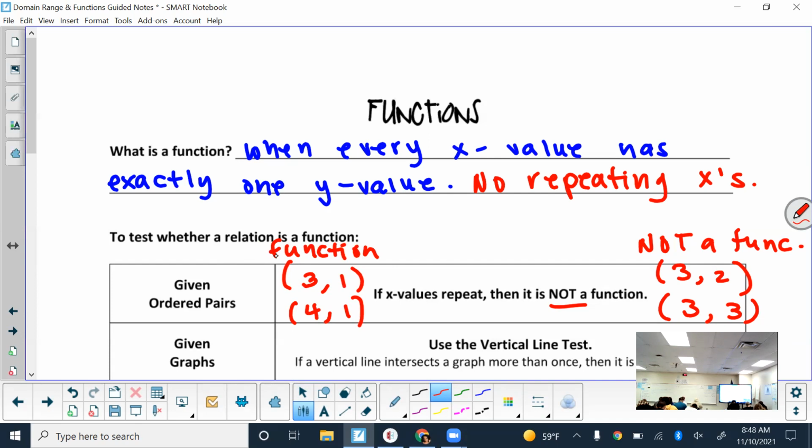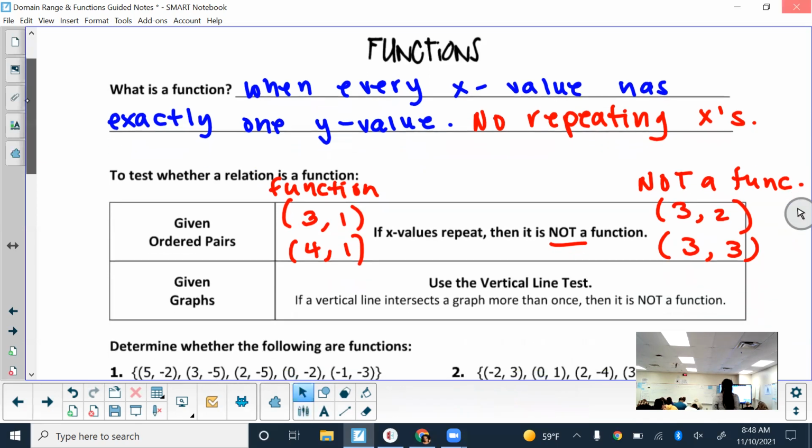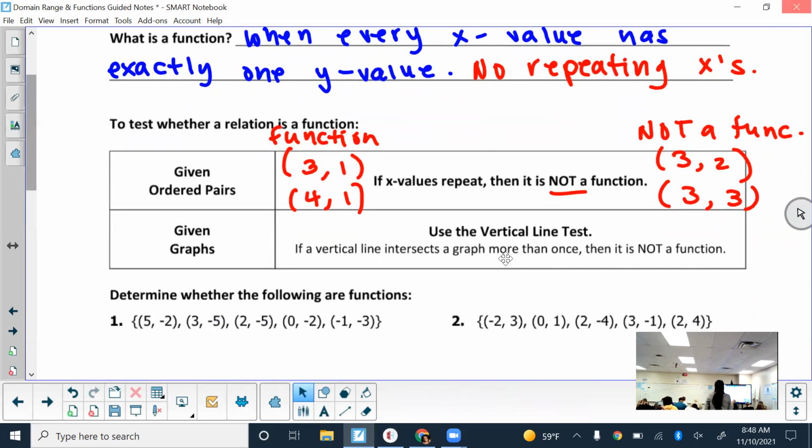We don't care if the y's repeat, we just care about if the x's repeat. Does that make sense? And also, if you have graphs, you can use something called the vertical line test, where if a vertical line intersects a graph more than once, then it's not a function. You'll see that more towards the end of your note sheet.